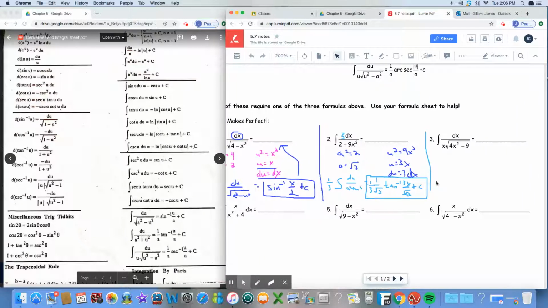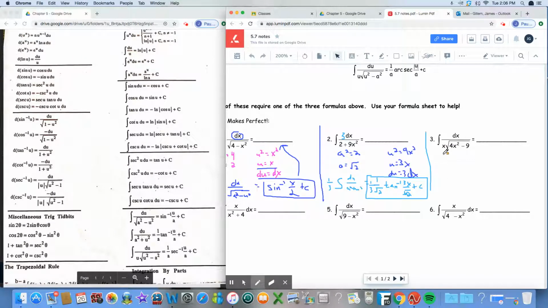Now, of these three, when you see a square root with some squares in it, and then you see this variable on the outside, that's screaming to use this bottom one right here. So a squared is the constant.